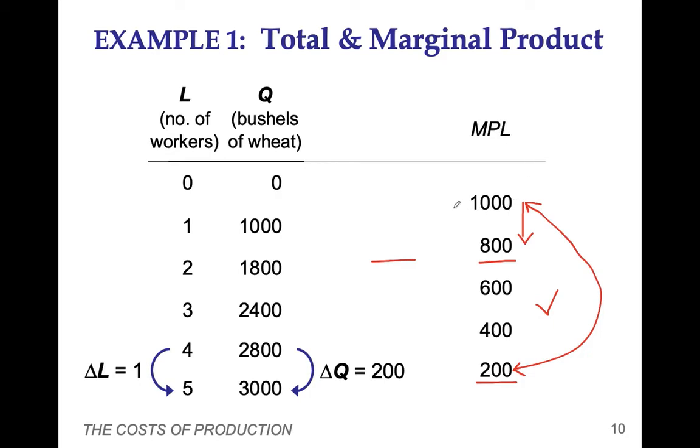You see, the marginal product is decreasing as we increase the number of workers. This is why the production curve at first rises strongly, then as we increase the number of workers, it's getting more and more flat.